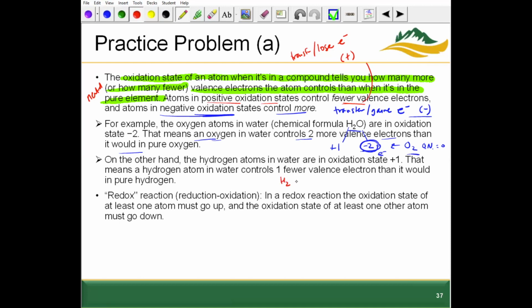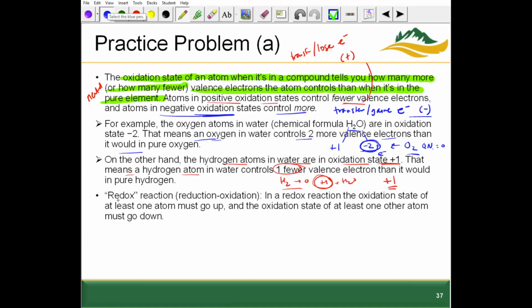Similarly, for hydrogen, this is neutral. Then when in water, this oxidation number is +1. So hydrogen atoms in water have an oxidation state of +1. That means a hydrogen atom in water controls 1 fewer valence electron than it would in pure hydrogen, because it has that +1 oxidation number.